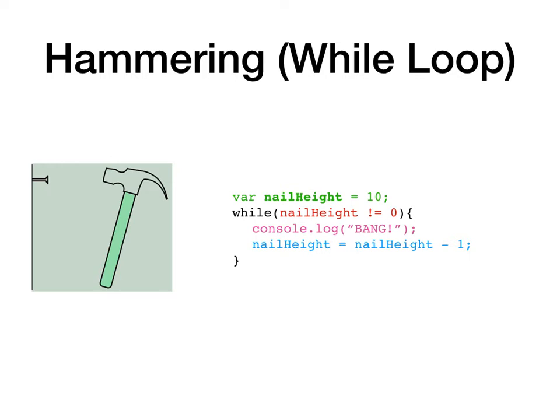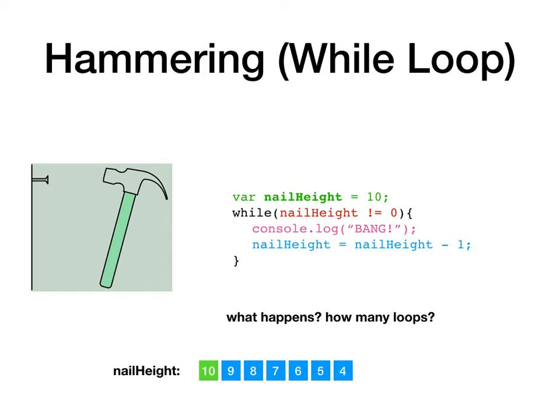Cool. So let's follow this. What happens? How many loops occur? So at the start, nail height is 10. And then we bang. It goes down by 1. Bang. It goes down by 1. We're still not at 0. Bang, bang, bang, bang, bang, bang, bang.